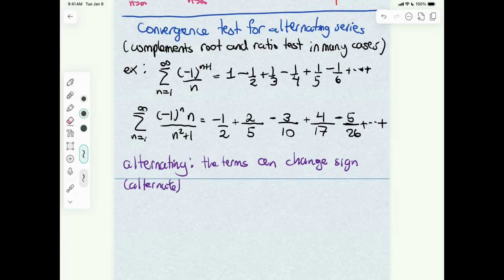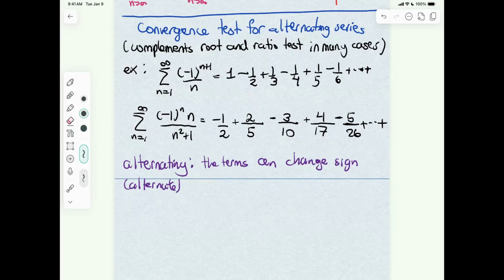So what we want for the test that I'm about to write is that the terms be alternating, and that the terms decrease in absolute value and go to zero.